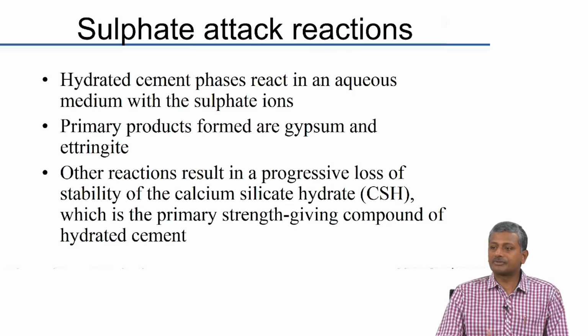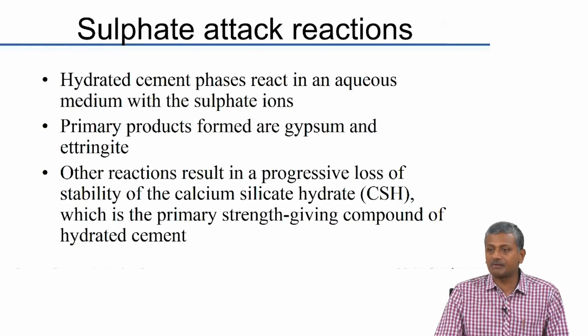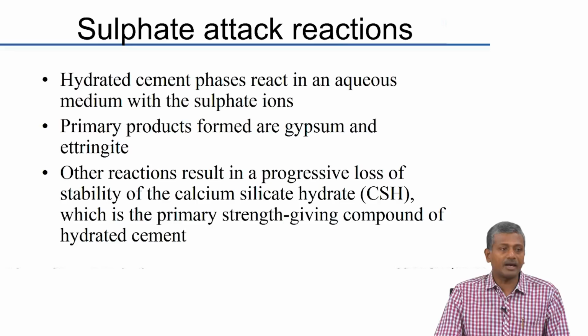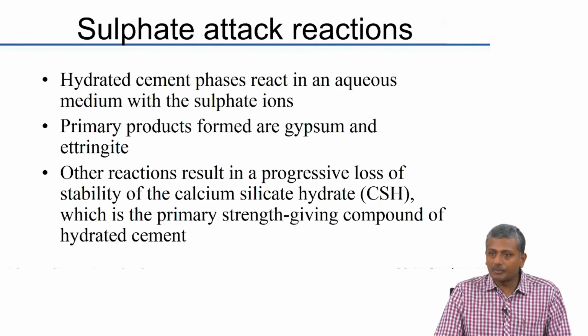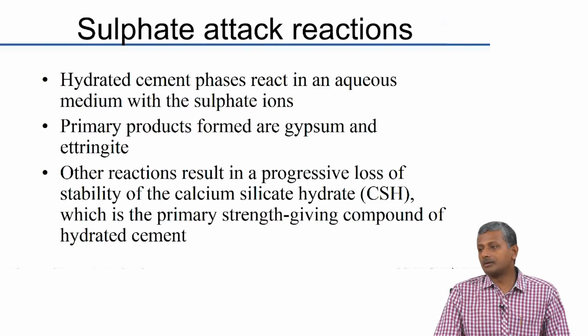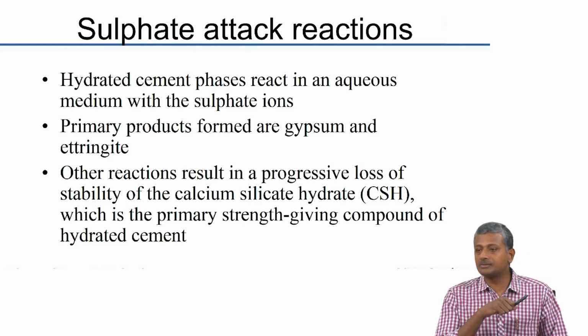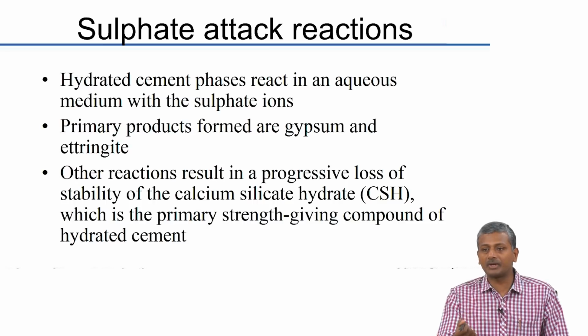Now, what are the reactions of sulphate attack? Let us look at these in a little bit more detail. You have hydrated cement phases that react in an aqueous phase with the sulphate ions. So, what are the hydrated cement phases that will react? Monosulphate. What about calcium hydroxide? Will it not react? Calcium hydroxide also will react. When calcium hydroxide reacts with sulphate, what is the product you should form? Calcium sulphate or gypsum. Okay, you start precipitating gypsum, and remember the original cement reactions. The gypsum goes into reaction with C3A to form ettringite.